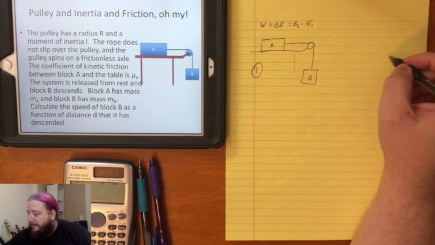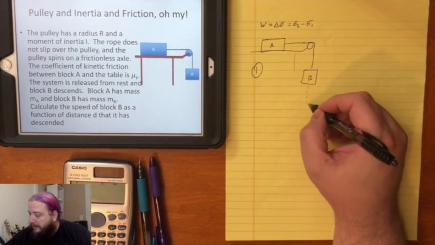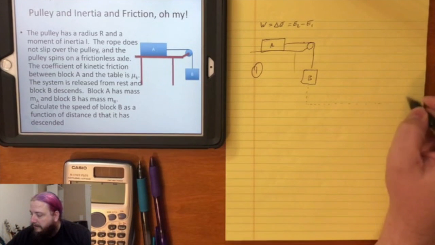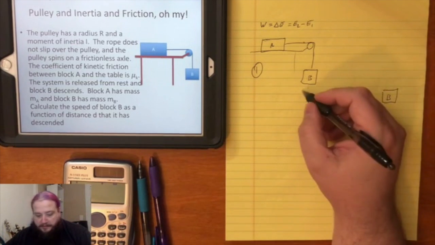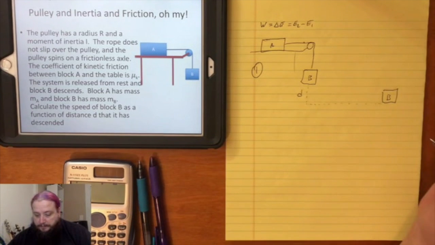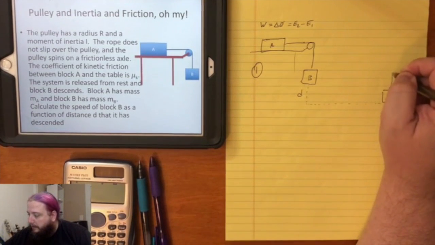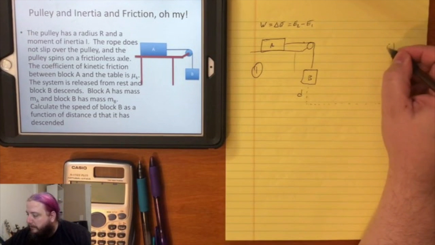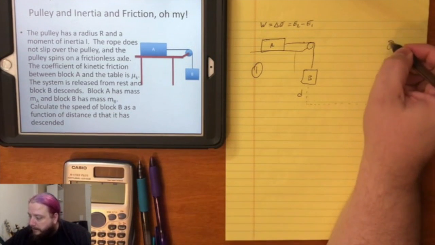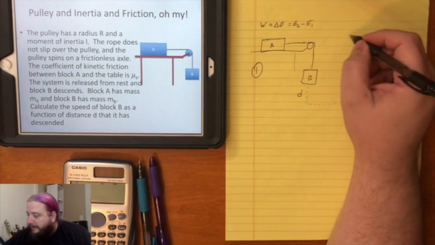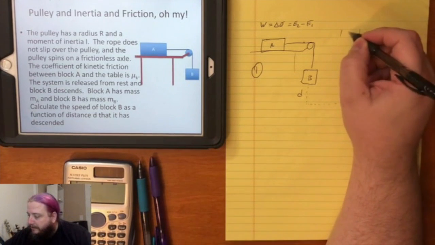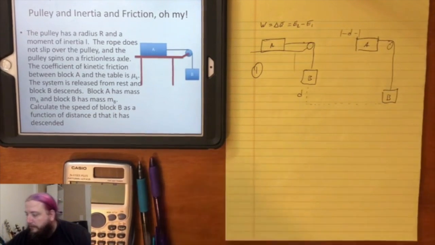And then at some time later, box B has descended some distance. So now box B is down here. It's descended some distance here, D. We still go back up. The pulley is still up here. Now box A is closer to the edge of the table by, again, that same distance, D. It's moved.